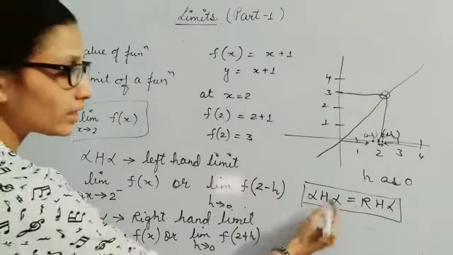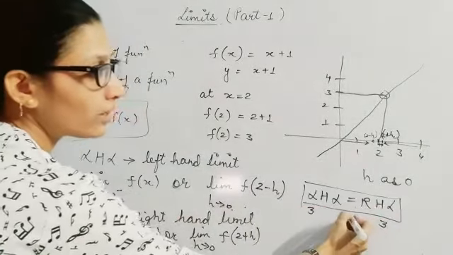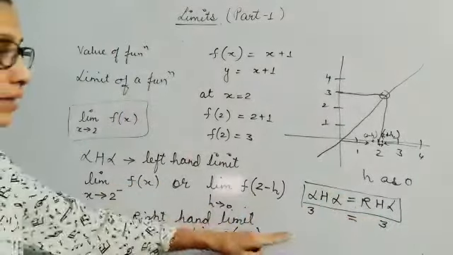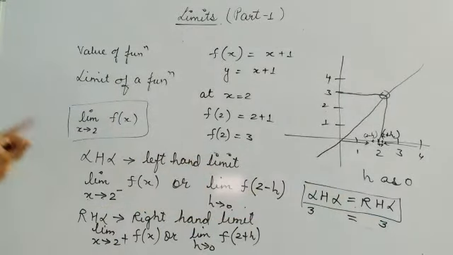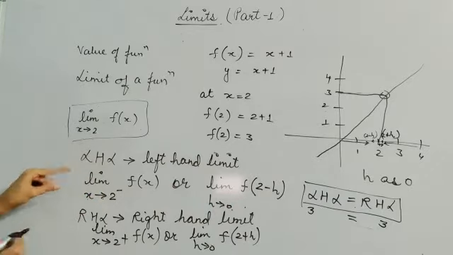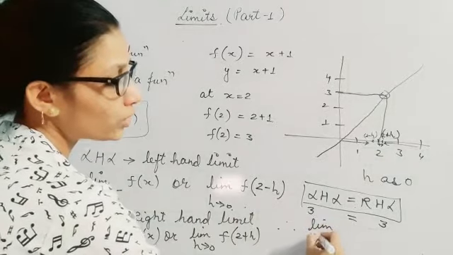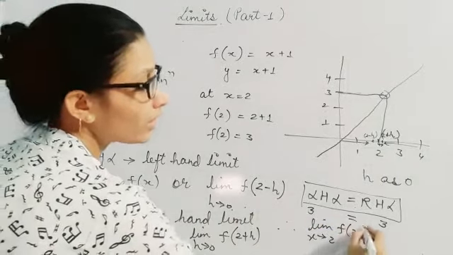That means if I get LHL as 3 and RHL also as 3, these two are equal, then I will say that this function's limit will exist at x tends to 2. Therefore, limit x tends to 2 f(x) exists.